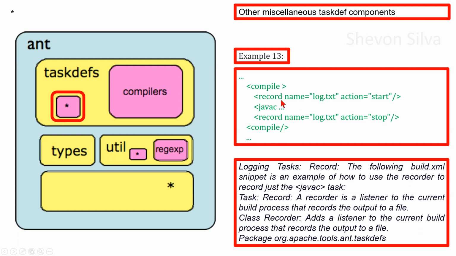A recorder is a listener to the current build process that records the output to a file. With regard to the API, class Recorder adds a listener to the current build process that records the output to a file. This is in the package org.apache.tools.ant.taskdefs.